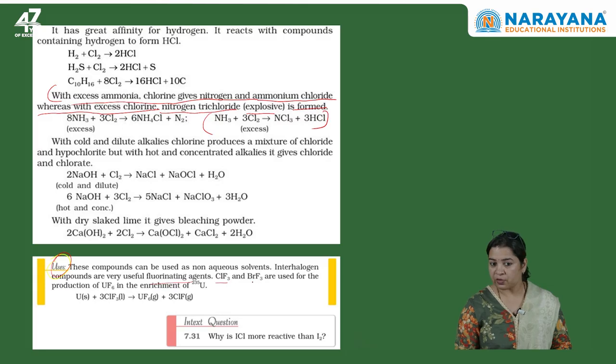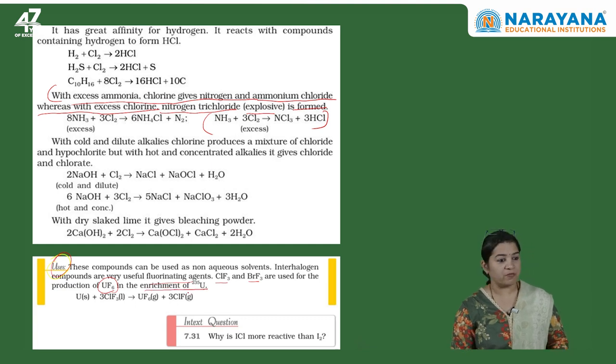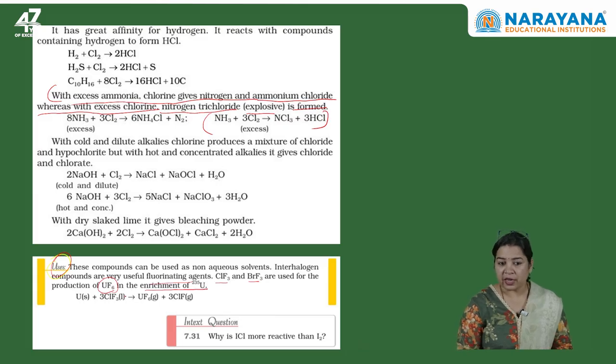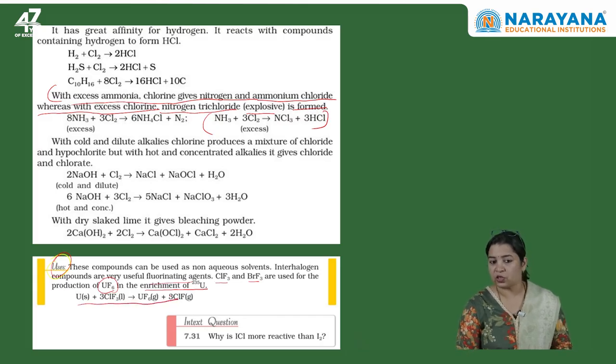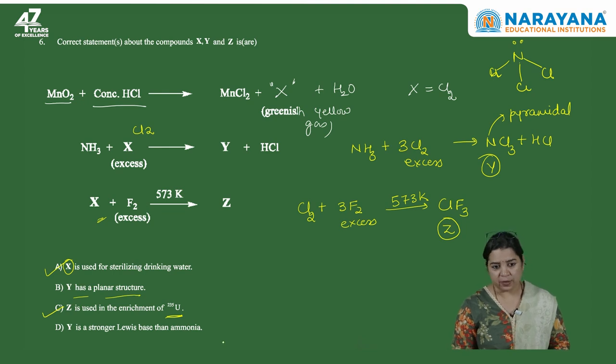ClF3 and BrF3 are used for the production of UF6 in the enrichment of U-235. So it is directly given in NCERT that it is used for enrichment of U-235 for the production of UF6. The reaction is also given, and ClF3 itself becomes ClF in the process. Absolutely okay. So looking at this information, Z is used for enrichment, correct. So we'll go for C.